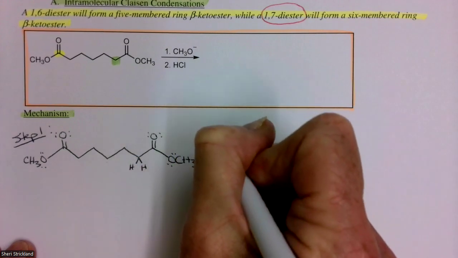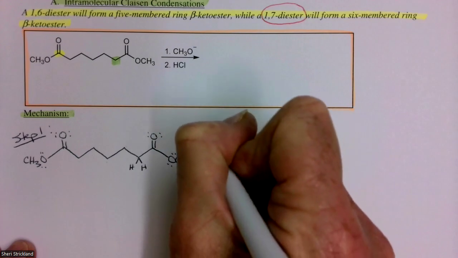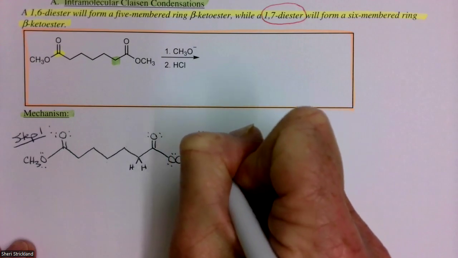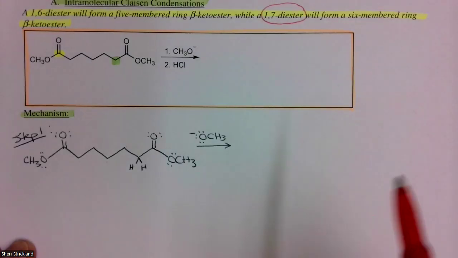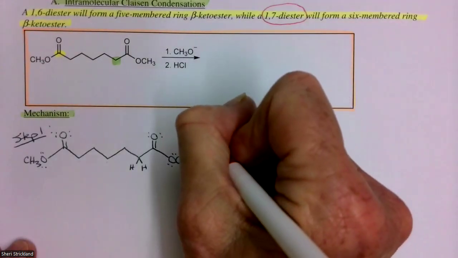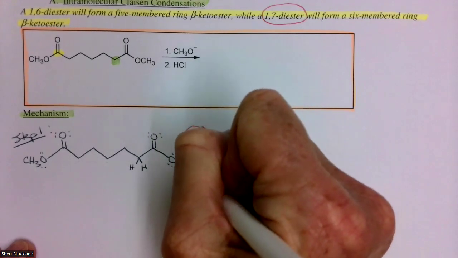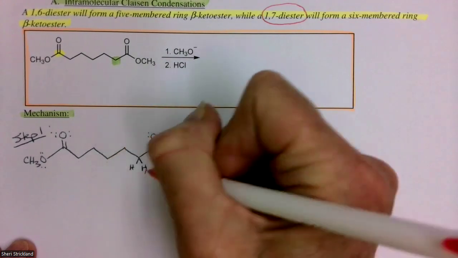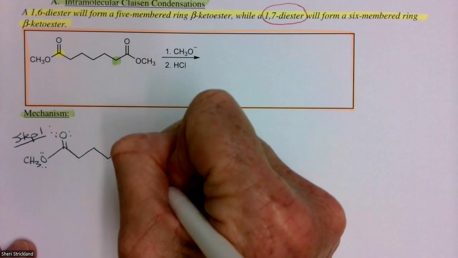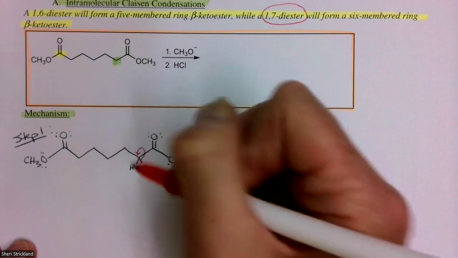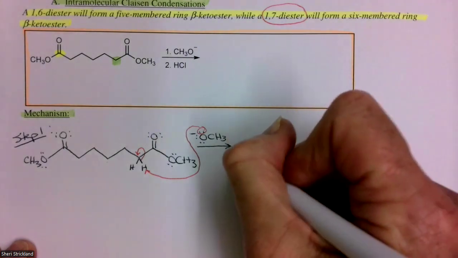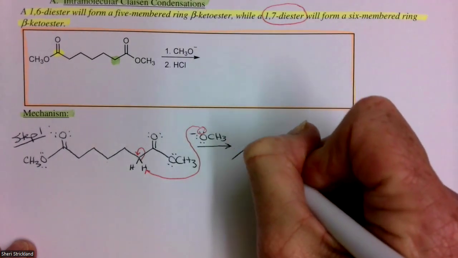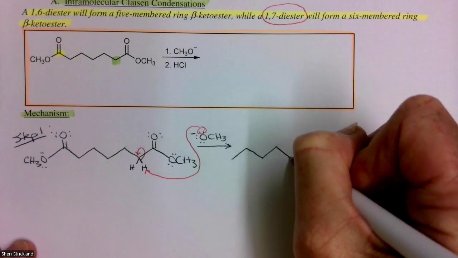I have an alkoxide. In this case, it's methoxide. Probably was put into the reaction as sodium methoxide. And so deprotonation here puts the electrons up onto this carbon, and there are different resonance contributors, but you don't have to draw all the resonance contributors when you're doing the products of a reaction.